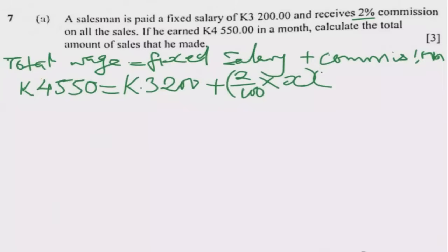Okay, so what you can do now is, one, we need to make x the subject of the formula, and the other thing we need to do is get rid of the fraction.